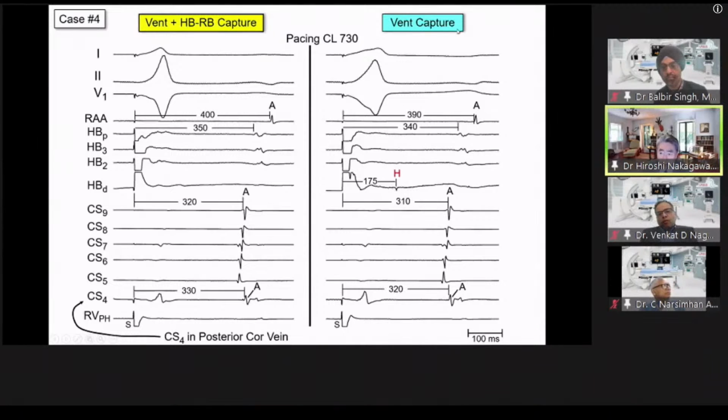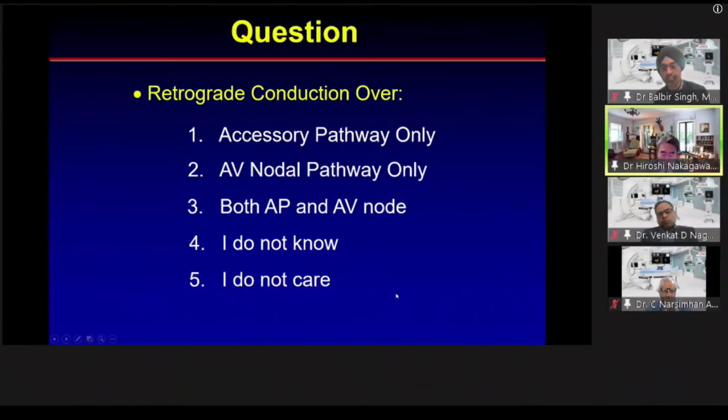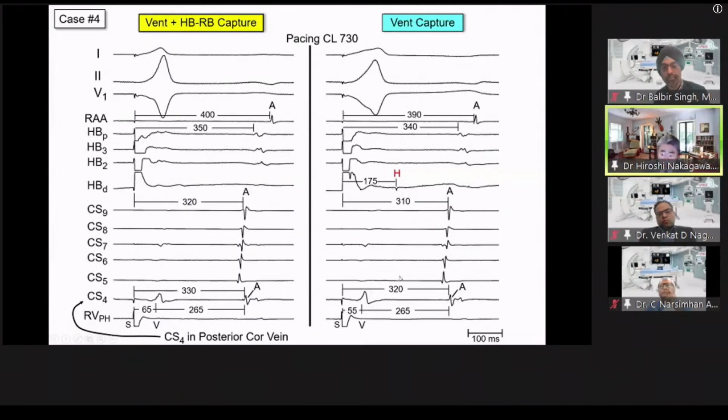However, with ventricular capture only, you see very late His activation, but not much change in the stimulus-A timing. The reason for the 10 millisecond difference is that with V capture only, the stimulus-V is 55, and if you capture V and His it is 10 milliseconds longer, 65. That's the reason the left panel stimulus-A interval for CS4 is 10 milliseconds longer.